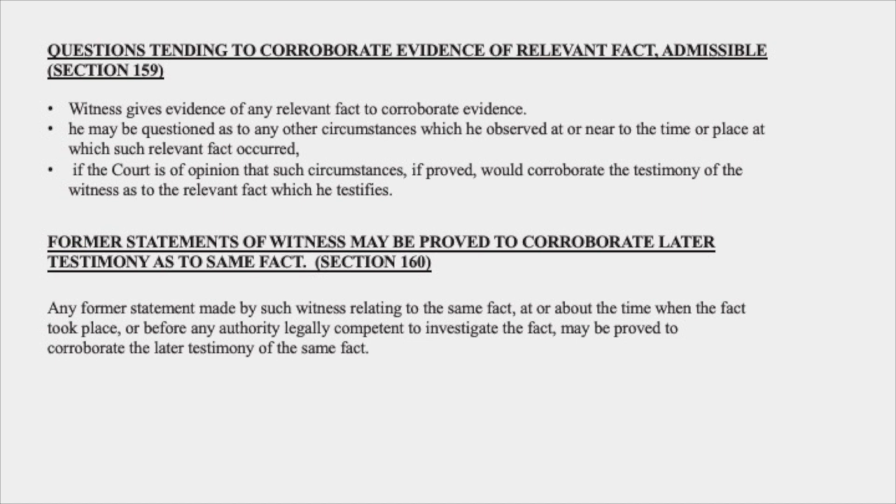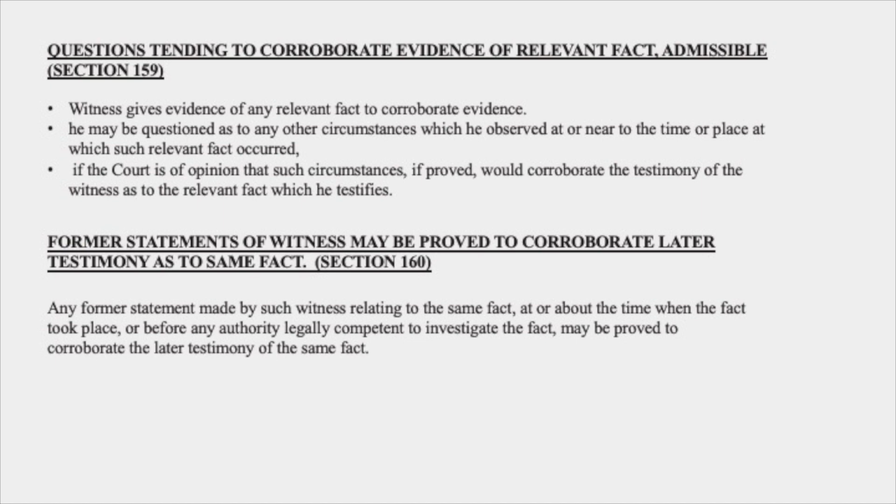In case a witness gives evidence of any relevant fact, he may be questioned as to other circumstances which he observed at the time the relevant fact occurred. If the court is of the opinion that such circumstances, if proved, would corroborate the testimony of the witness with regard to the relevant fact, then the corroborative evidence is admissible.